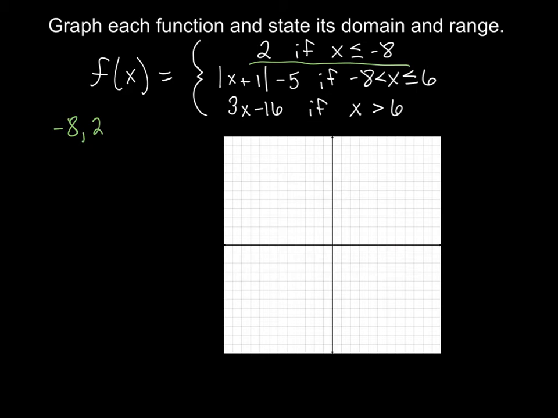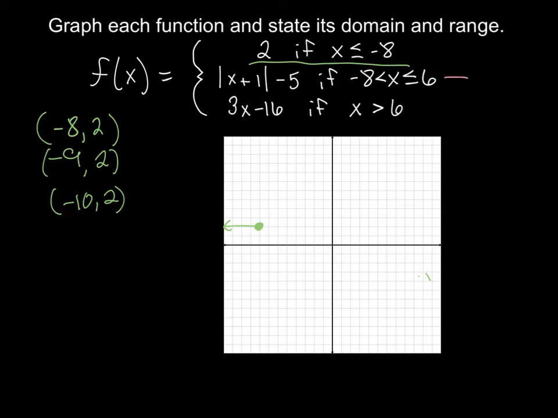If x is anything less than negative 8, say negative 9, then y is still 2. If it's, say, negative 10, y is 2. So all of these, where y is 2, start where x is negative 8. So 1, 2, 3, 4, 5, 6, 7, 8. And it's going to keep going to the left with y being 2.